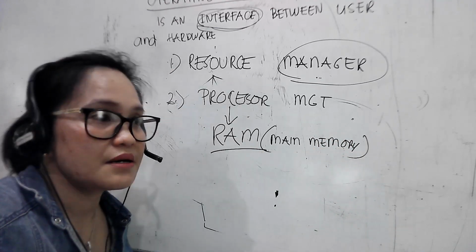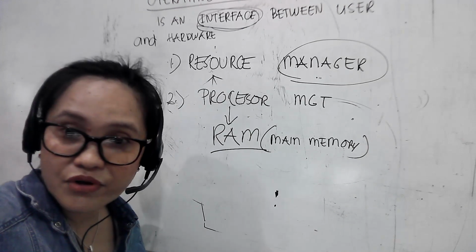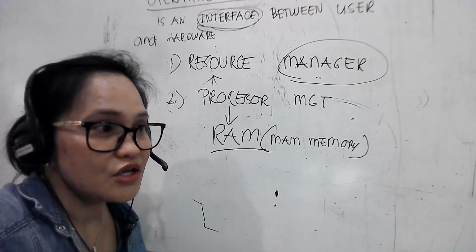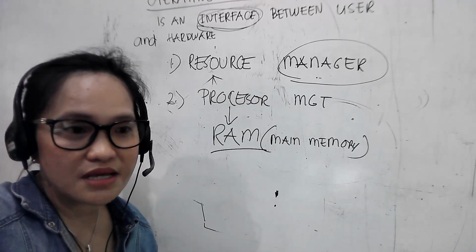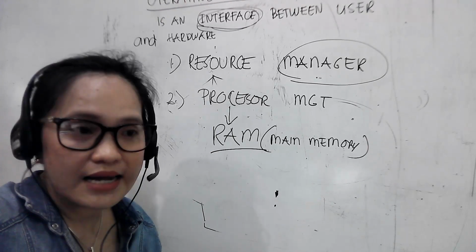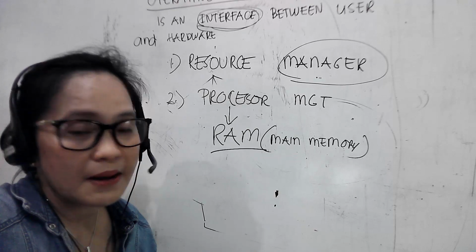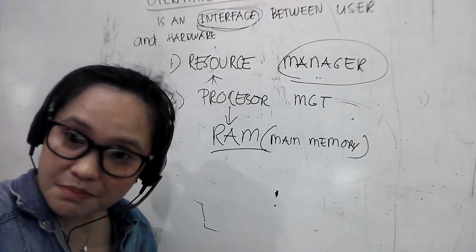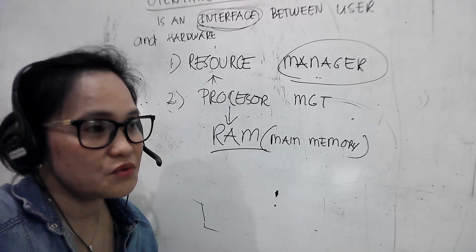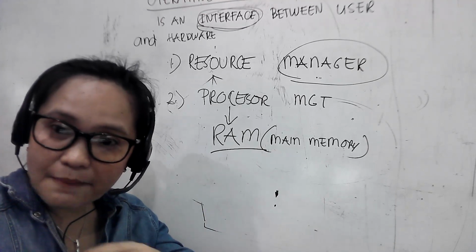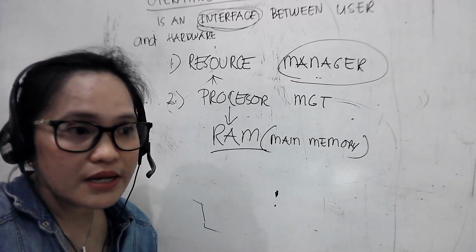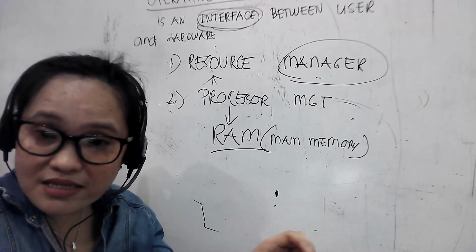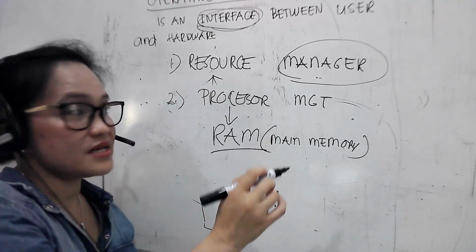So let's say now you're working on your laptop and you want to open YouTube. At the same time, you want to open Word, and at the same time, you want to open a presentation or PPT. At the same time, you want to open several applications within your computer. The one who allocates or helps you open those at the same time is the operating system.